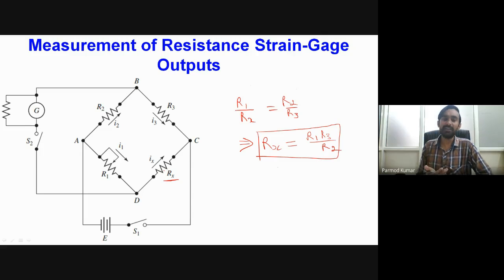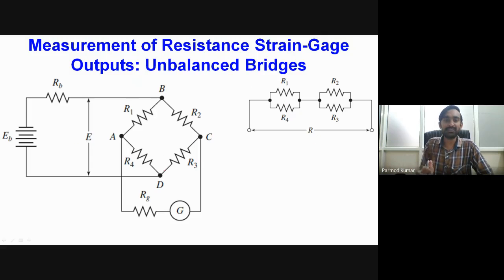So we require a system which can determine the unknown resistance at a time scale smaller than the time scale of the actual pressure change. Under such circumstances, we don't go for the balanced circuit, rather we go for the unbalanced circuit.